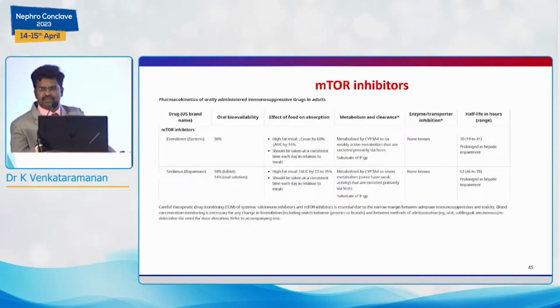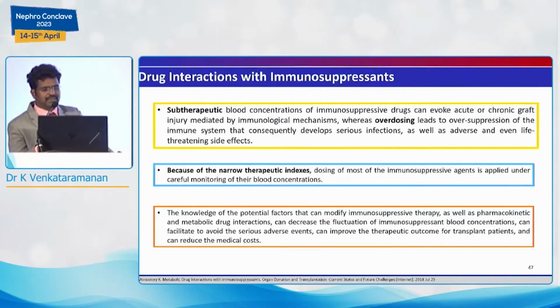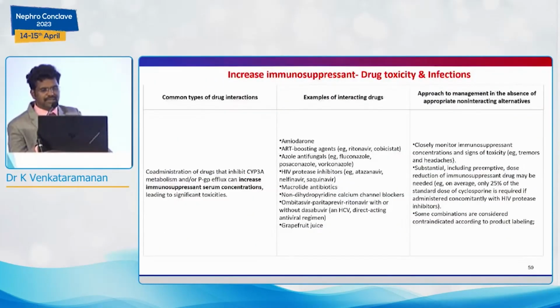This mTOR inhibitor is almost the same thing. For drug interactions, you should be careful when prescribing with P450. Whenever drugs inhibit P450, we should be careful and give a lower dose.